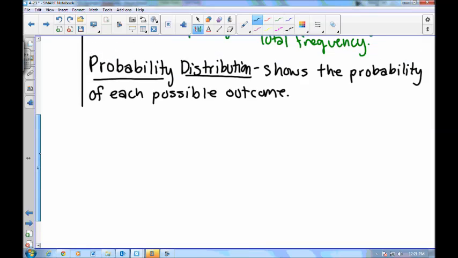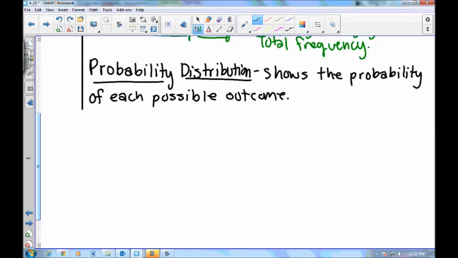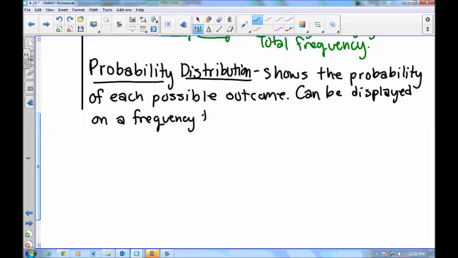And this can be displayed on your frequency table.